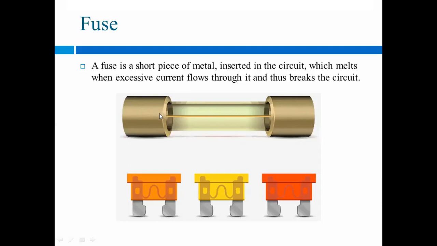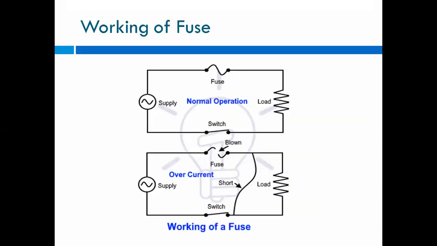It is placed in the circuit, and if a very high current flows through that circuit, it will melt, and in this way it breaks the circuit, right? So a fuse is nothing but a short piece of metal which melts when excessive current flows through it, and in this way it breaks the circuit, right?